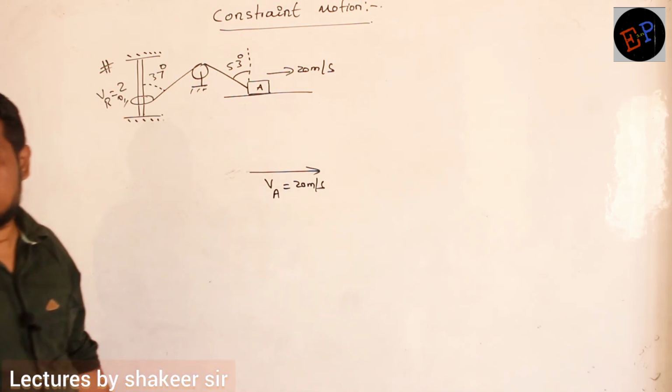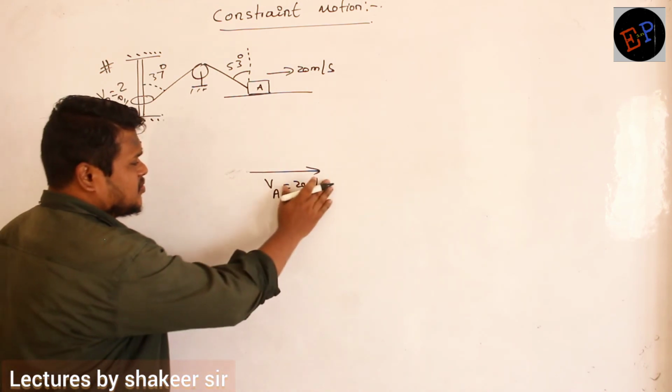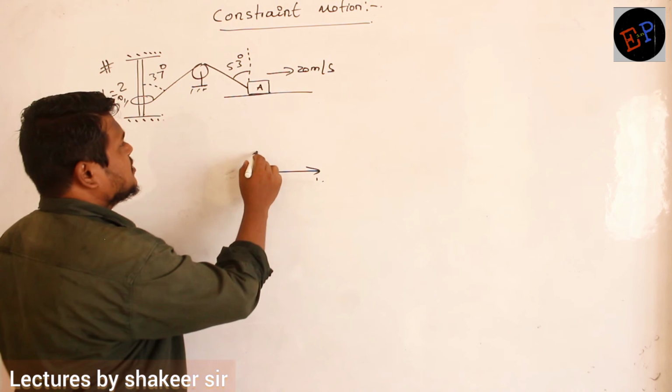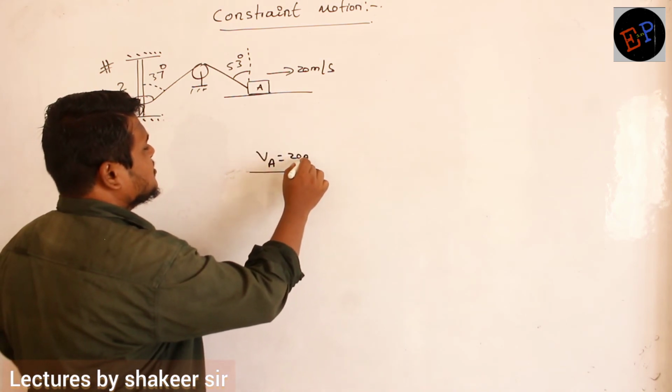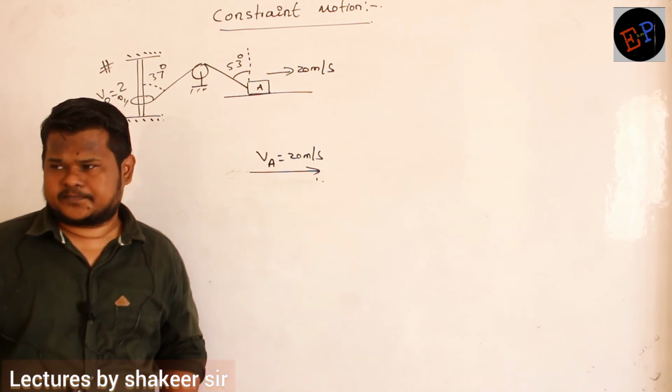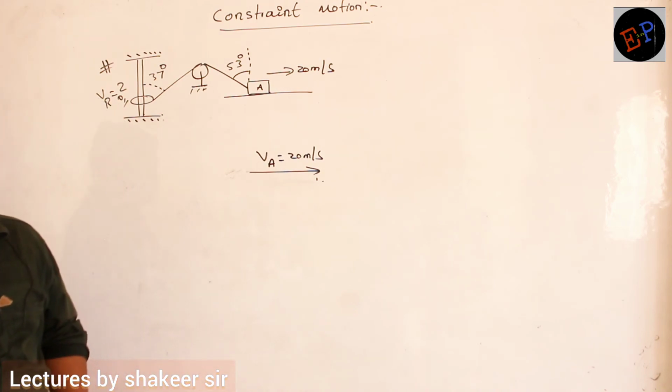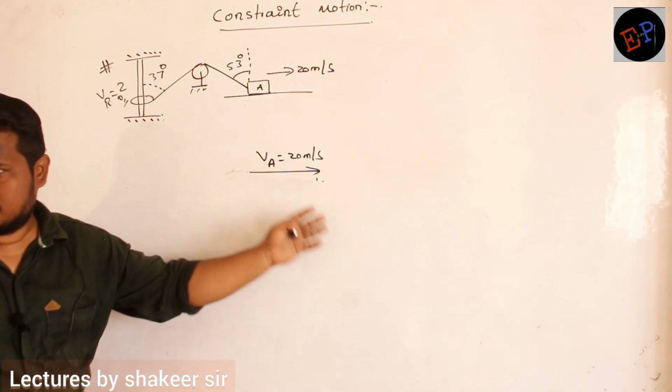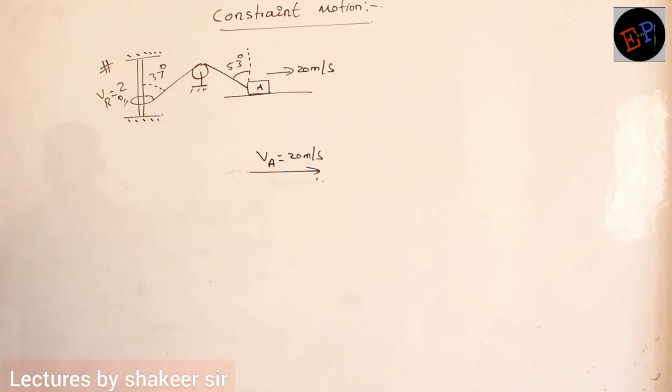Now this VA I will split into two components such that one component is present in the direction of the rope. Rope is moving in which direction, can you say? Rope will move in this direction.